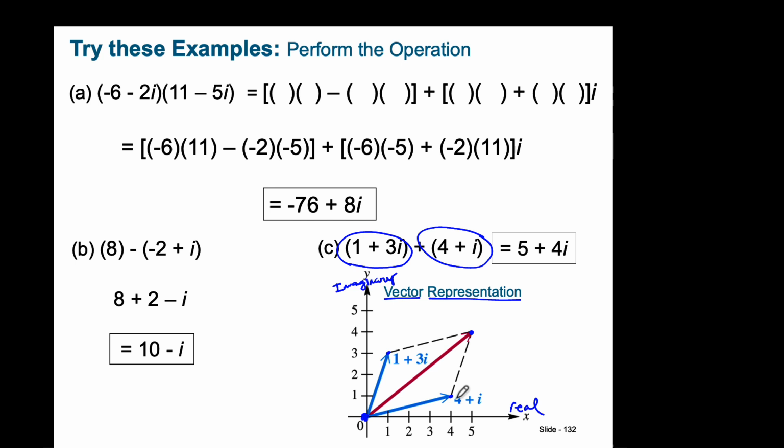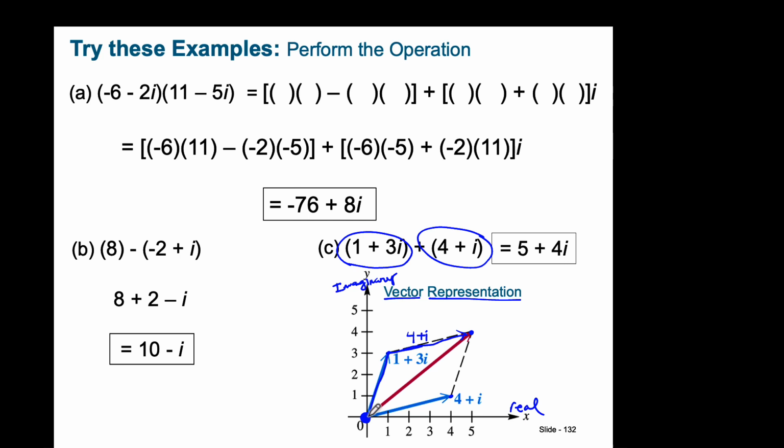That may sound a little bit confusing, but think about it as walking, okay? You start right here. Let's say you walk this distance. So now you're standing right here. You turn and you walk this path. Well, this path right here, if you can see from this parallelogram, is the 4 plus i. So adding them together, think about it as walking those two paths.